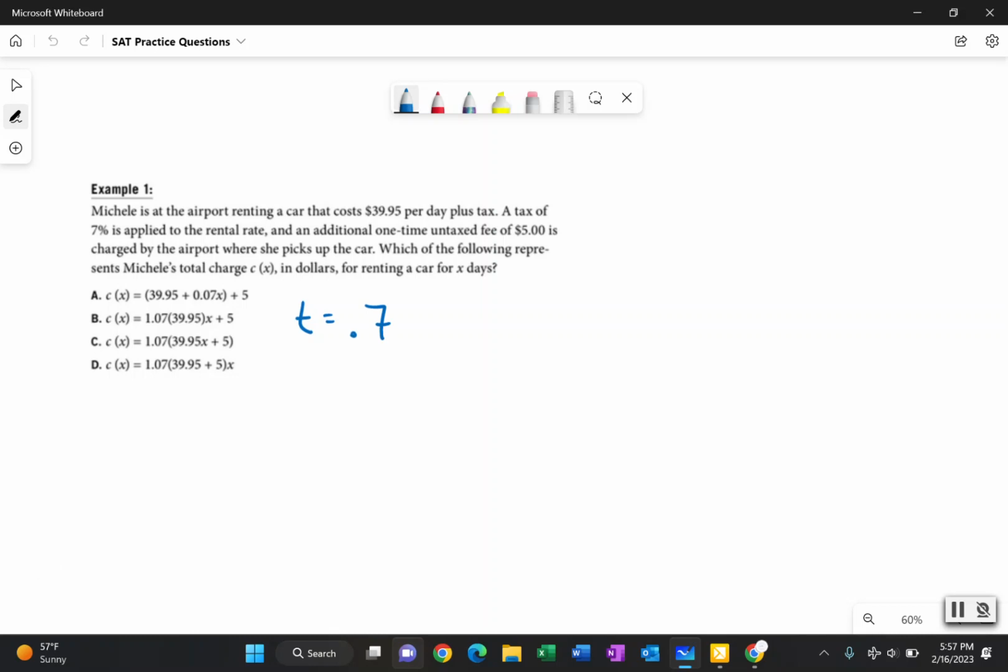So if we're going to multiply that by our total amount, it's going to end up being 1.07 in this case. We'll see in a little bit why that's the case. All right, we know that, and then there's a one-time fee of $5.